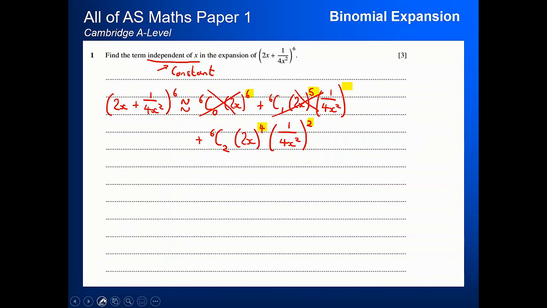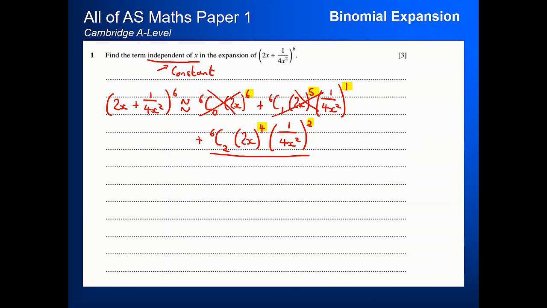I'll put a highlight where there should be a 1. Again, this is how we check that we are getting the correct expansion. Now here, let's just have a think about this. If I square this, then 2 times 2 is 4, so I get x to the power of 4 at the bottom. There is an x^4 here. That's going to cancel and give me my term independent of x. So actually, this is the term that I am going to focus on.